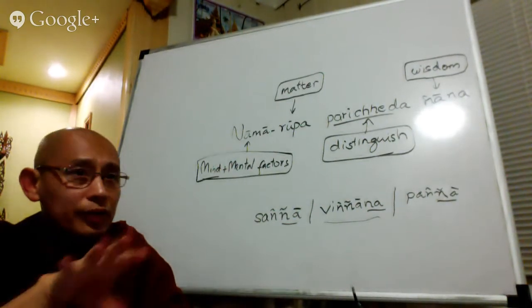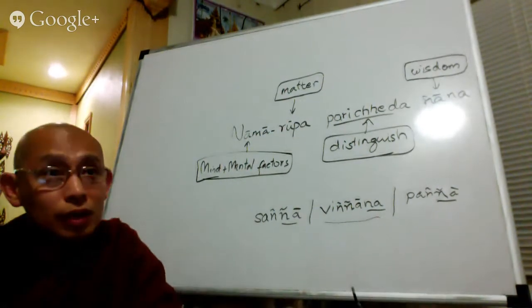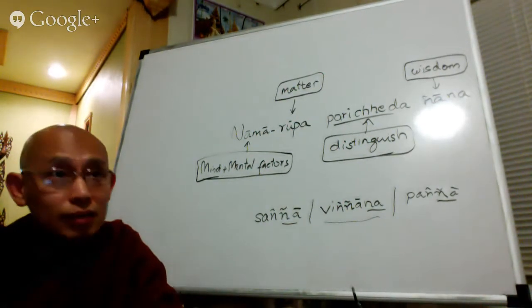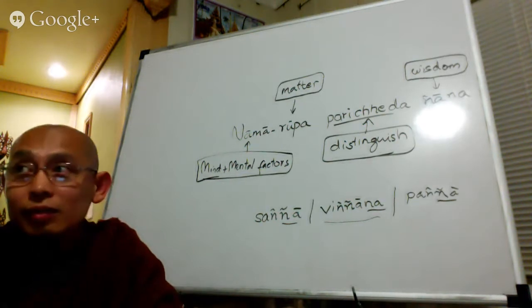To memorize the meditation object, we need sanya. Without sanya, how can we know the meditation object?